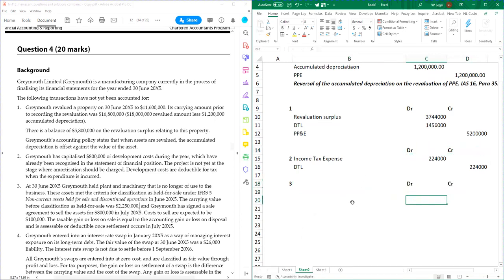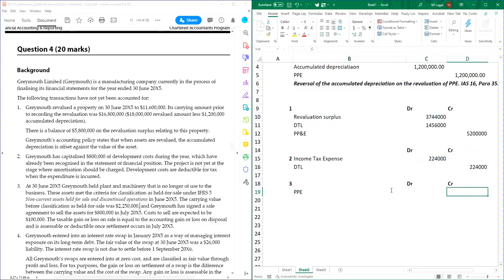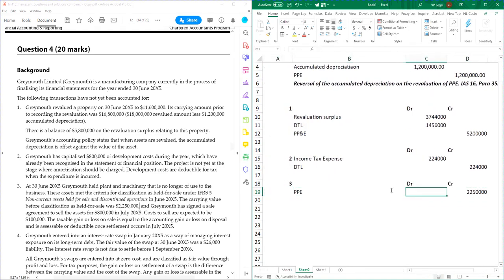So we've got our debits and credits. The first thing that I want to acknowledge is that the PP&E balance is going to be reduced by the entire carrying value. So we're going to go 2,250,123. Okay, so credit that. The next thing that I want to recognize is that we need to then reallocate it as a held for sale asset.